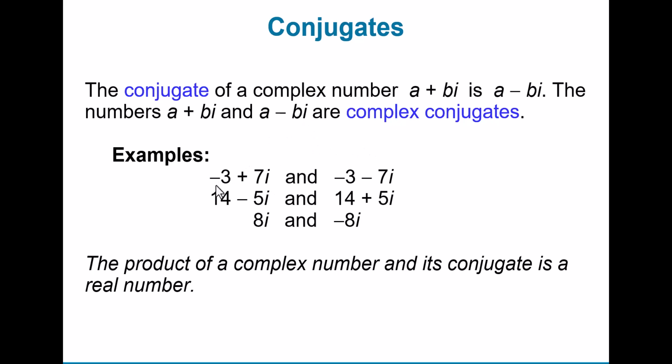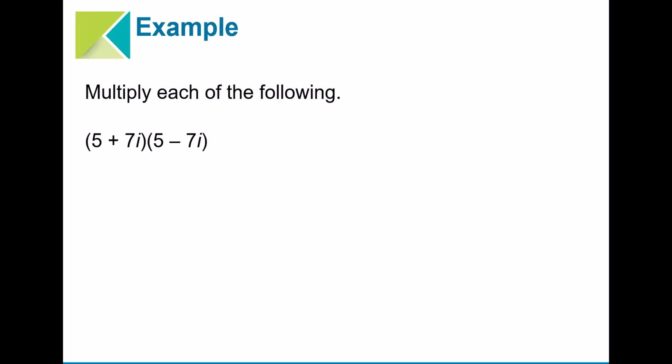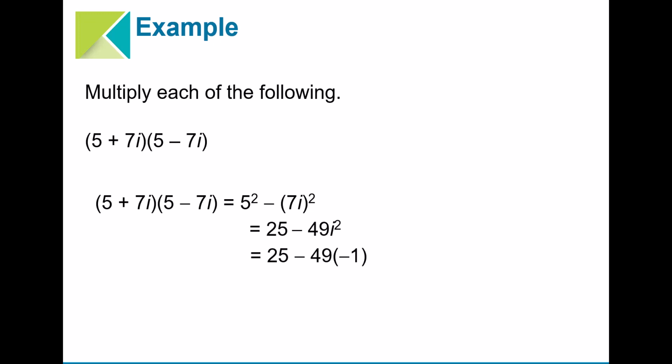And you can see that all that happens is the sign on the imaginary part changes. So anything with imaginary changes. So if I wanted to multiply these two values, notice that this is the conjugate. And so what happens when you multiply them out so nicely, you end up with an actual number.